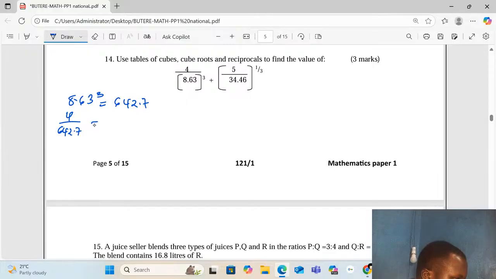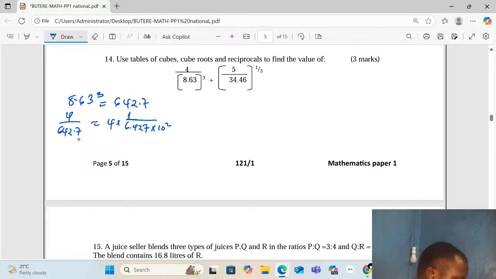So we take 4 times the reciprocal of 642.7. It is the same as 4 times 1 over 6.427 times 10 power 2. That is the same thing.